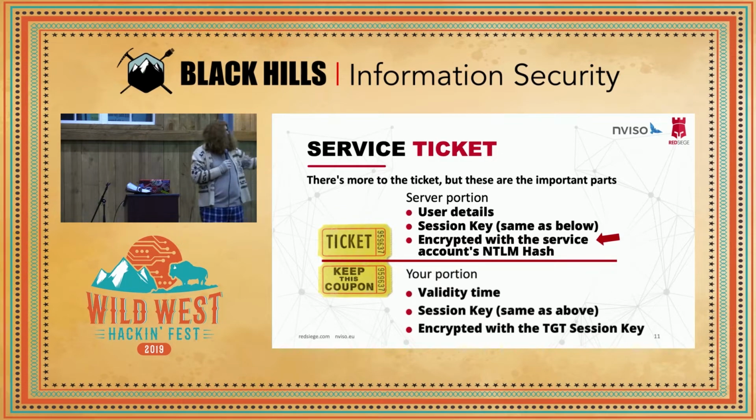So when the KDC generates this ticket, it randomly selects a session key, and I get it, and the remote system gets it, and we can use that to establish some of our initial encrypted communication. And we also have some of the validity time here as well.